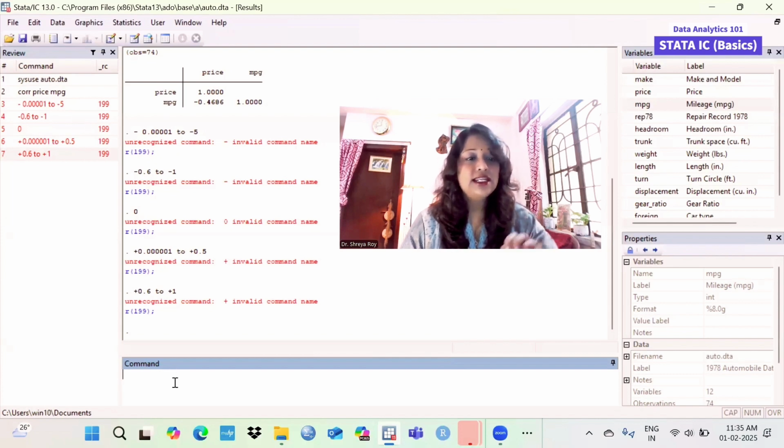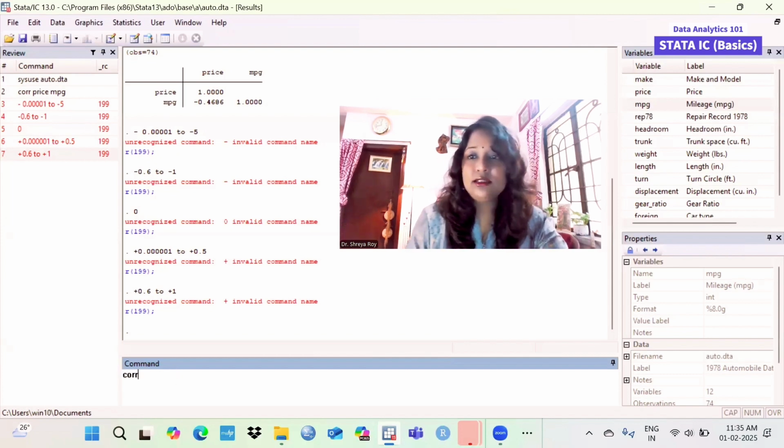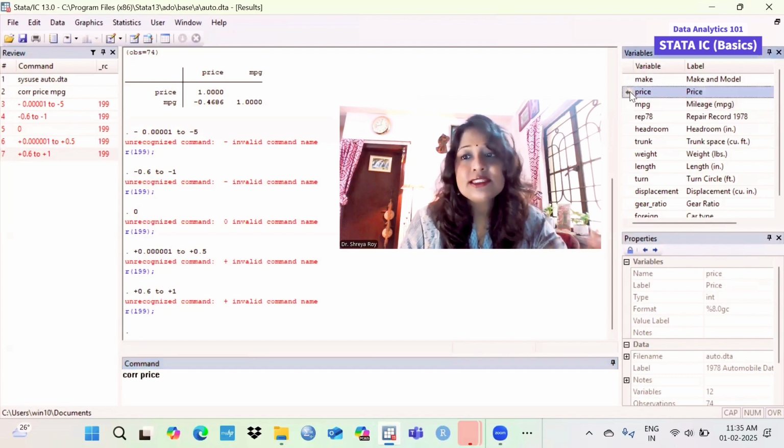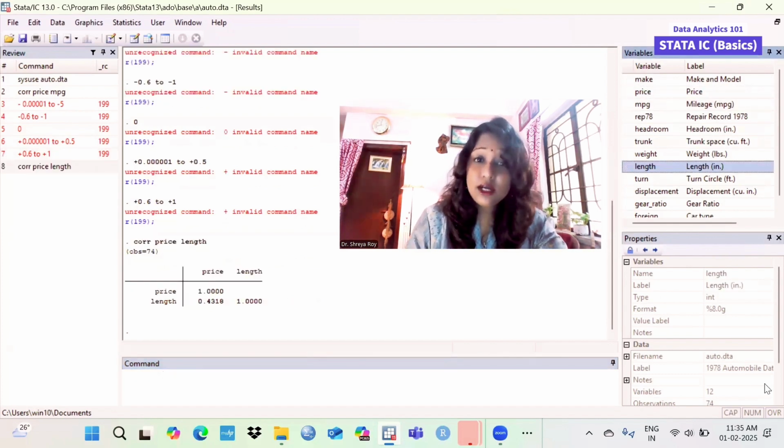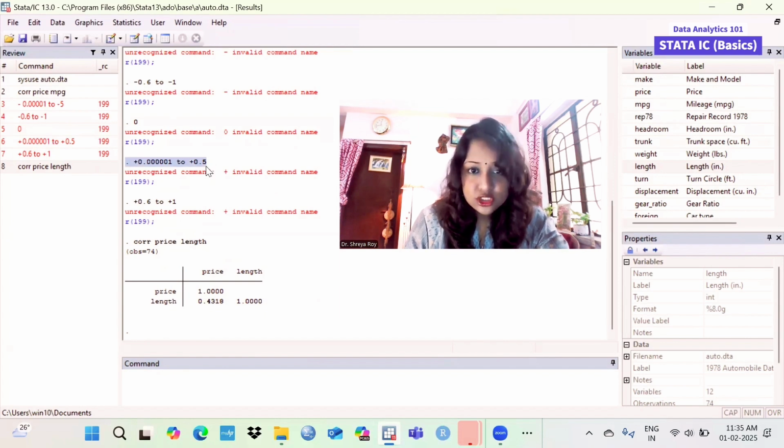Now, on the other hand, let's take a look at another one. Let's say correlation, price, and length. Here we see it is positive, and it falls under this category, so it is weakly positively related, which means what? As price increases, the length falls.